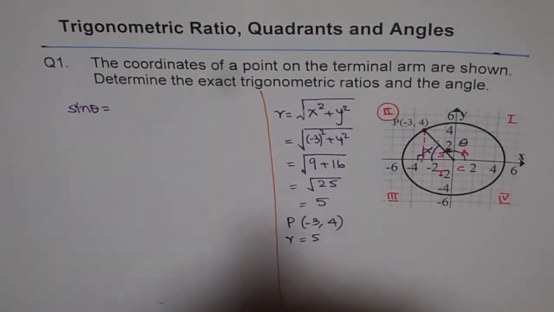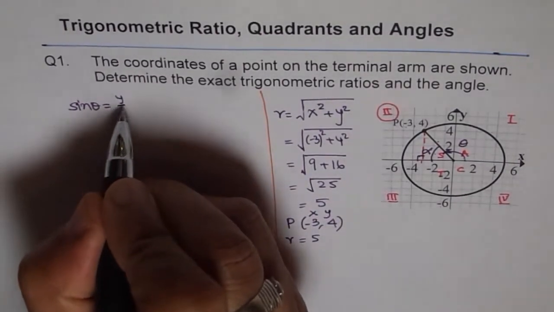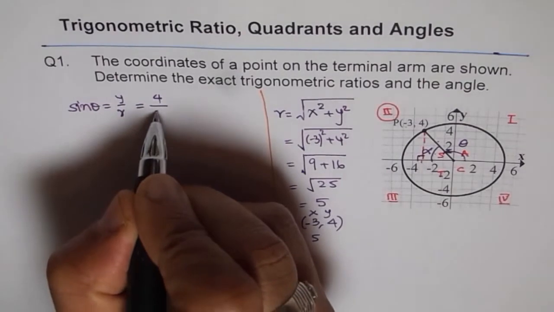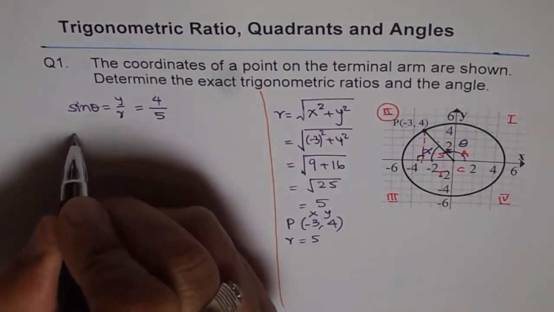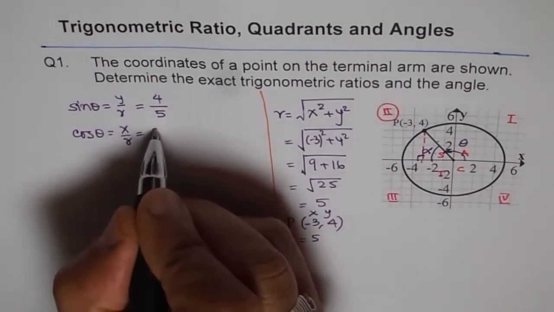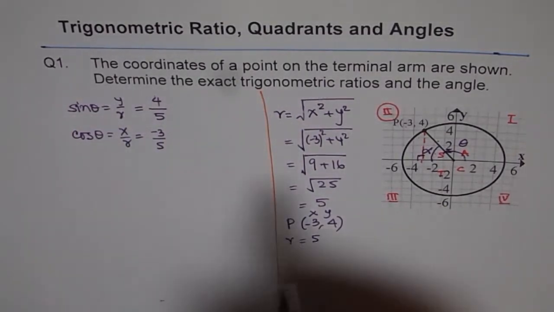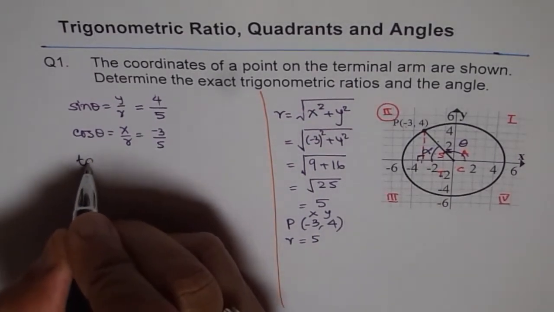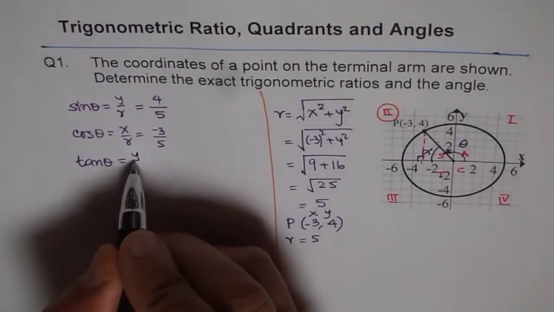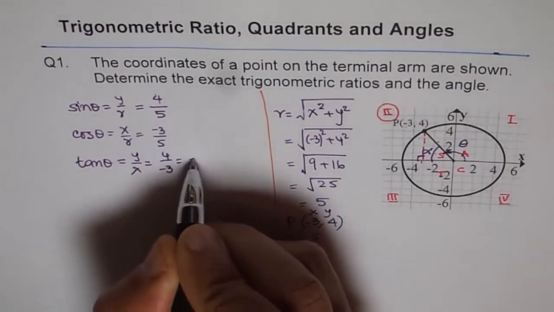Sine theta is y over r, so the y value is 4 and r is 5, giving 4 over 5. Cosine theta is x over r, and the x value is minus 3, so we get minus 3 over 5. As expected, sine is positive and cosine is negative. Tan theta is y over x, so 4 over minus 3, which is written as minus 4 over 3.